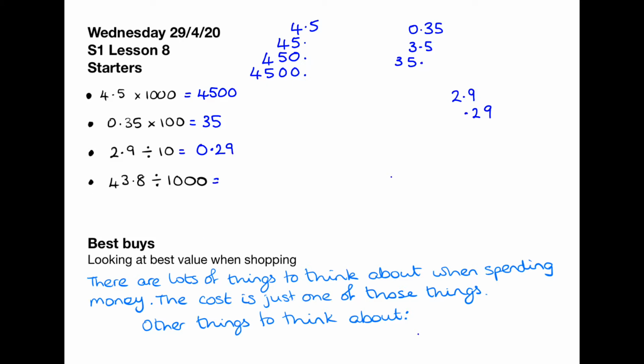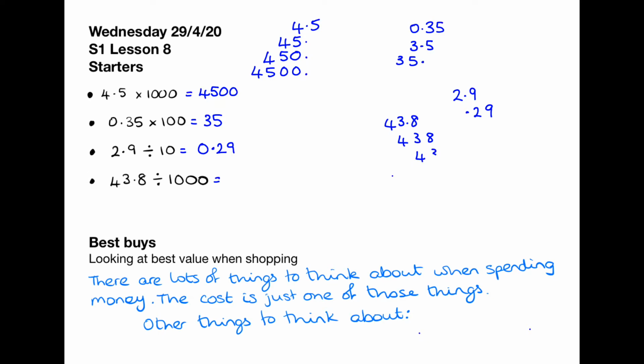Okay, and the last one, 43.8 divided by 1,000. So 1,000 has 3 zeros. So we're going to move our digits 3 places to the right. So 1 place would go there, 2 places, and 3 places.